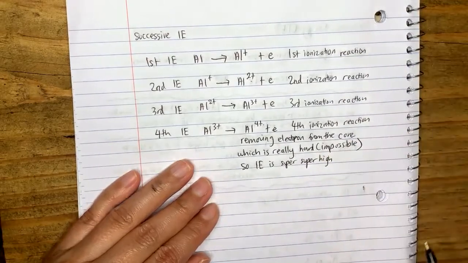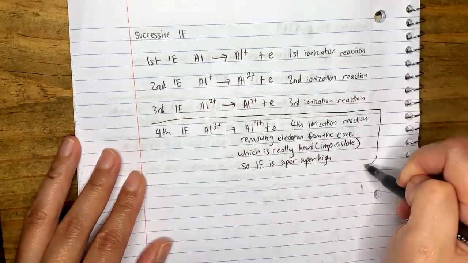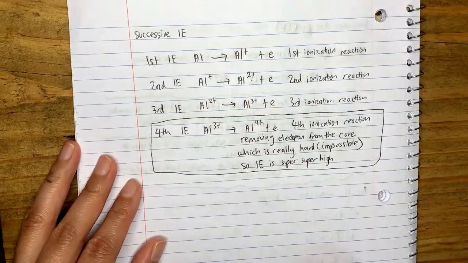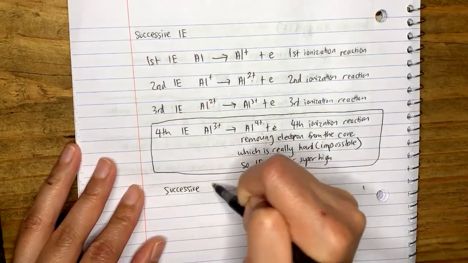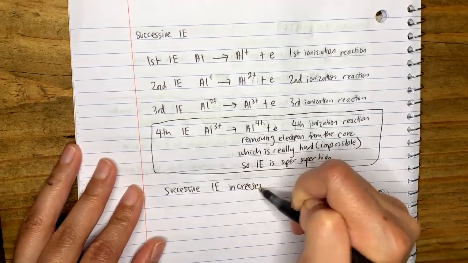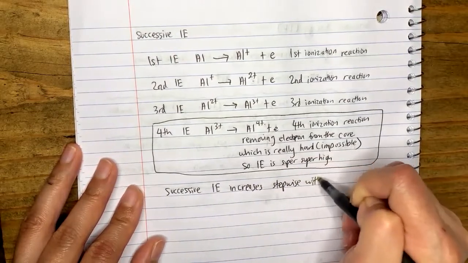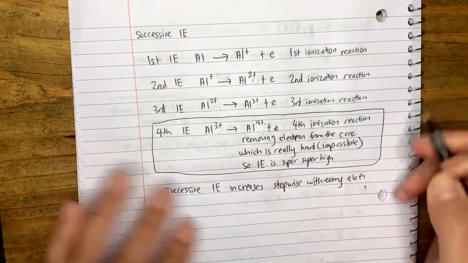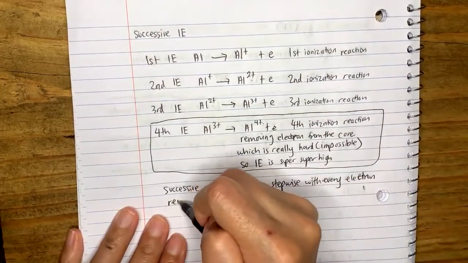So IE is super, super high. It skyrockets, okay? I'm going to box this one out because this is the level where it starts to go to the core, and then I'll write it out. So successive IE, each level increases. It increases stepwise with every electron removed.